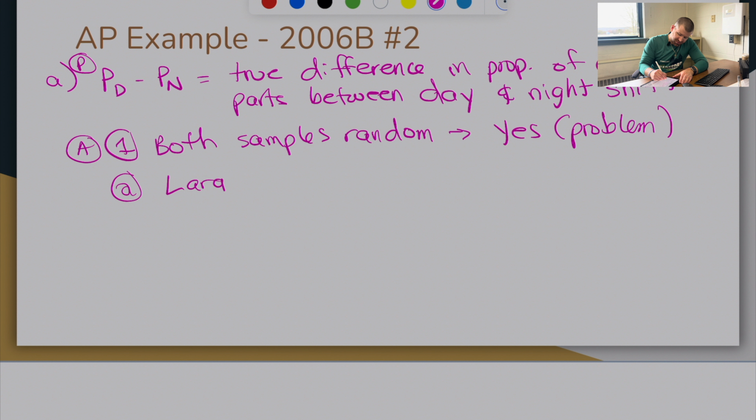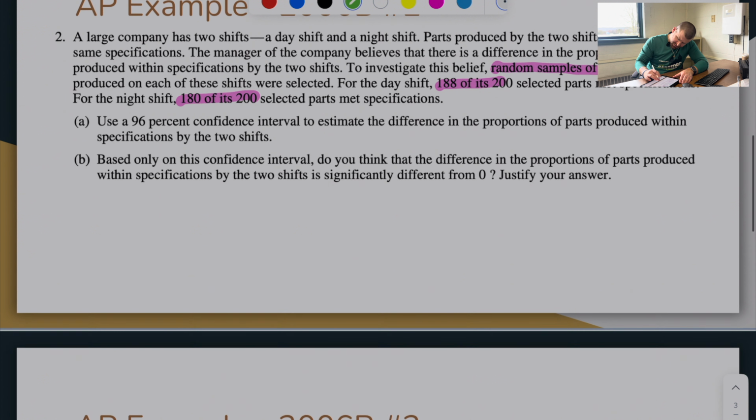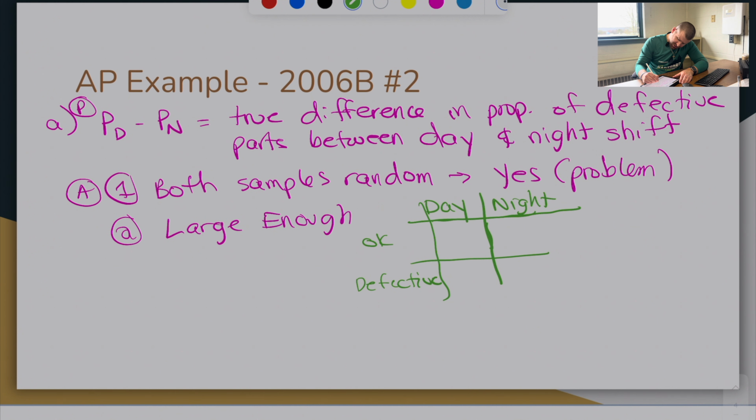For my large enough, in this particular case, what I like to do is make myself a table. I've got day shift, I've got night shift, and then we have okay and defective. Now, if I look here, the okay for the day shift was 188, which means the 12 here.